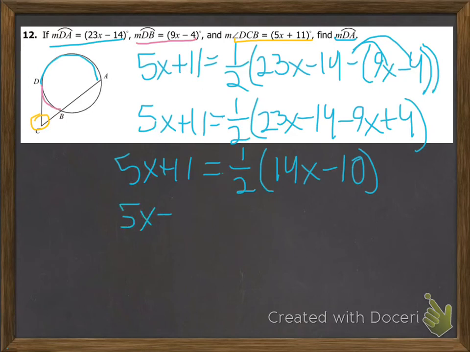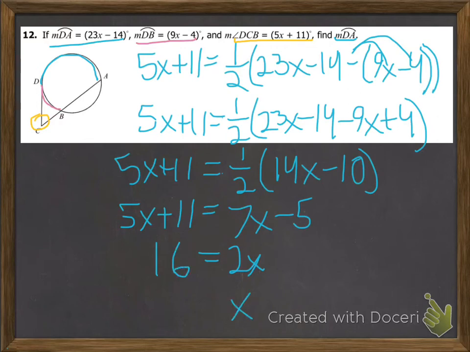So 5x plus 11 is now going to be equal to 7x minus 5, since 14 and 10 are both divisible by 2. Combine your like terms. Over here, I'm going to get 2x, add 5, and you're going to get, not 17, you're going to get 16, sorry about that. And then divide both sides by 2, and you're going to get x is equal to 8.